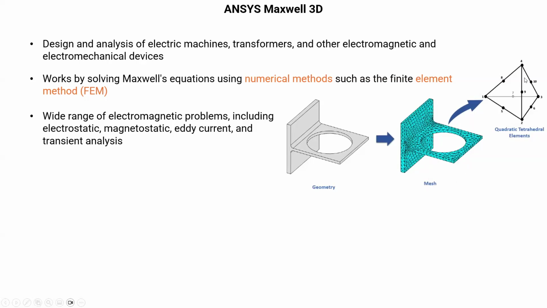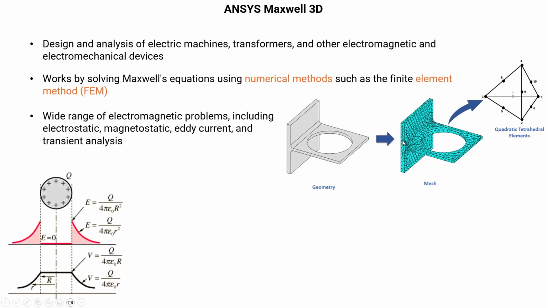These mesh cells can be of different shapes. For example, for this tetrahedral mesh type, we get these tetrahedral elements which form a mesh or net that discretizes our system. And then we solve the problem for each element and sum up all the contributions from these elements, right?